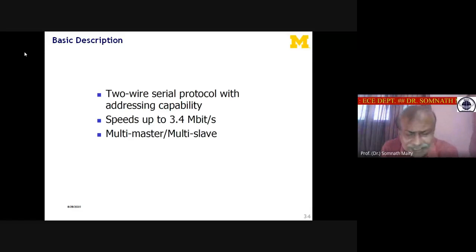Output and input of data from a microcontroller to the external world is nothing but memory write and memory read operations.